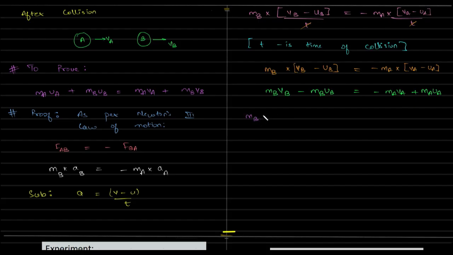So we have MB VB plus MA VA is equal to MB UB plus MA UA. LHS is equal to RHS, is it not? This is what we had to prove. Hence, proved. It's a very simple picture, a very simple derivation. This is as per the second law.